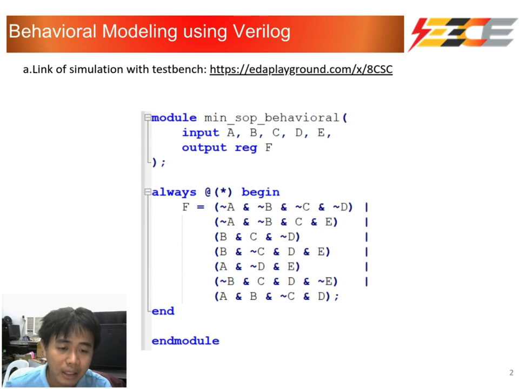Inside the block, the Boolean expression is written using logical operators and to define the conditions when F becomes 1. Each line represents a product term, and all are combined using OR operations to form the sum of products, or SOP. So this style focuses on describing the behavior of the circuit rather than its structure, making it easier to read and modify for simulations or testing.